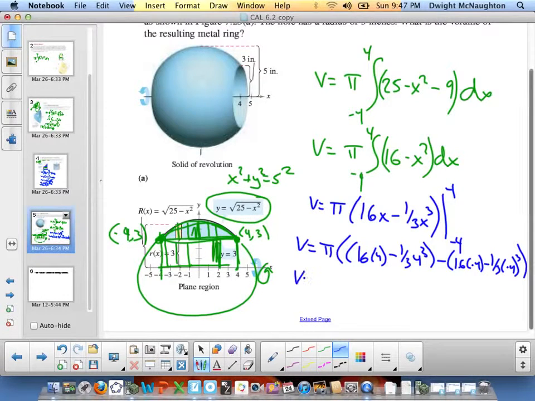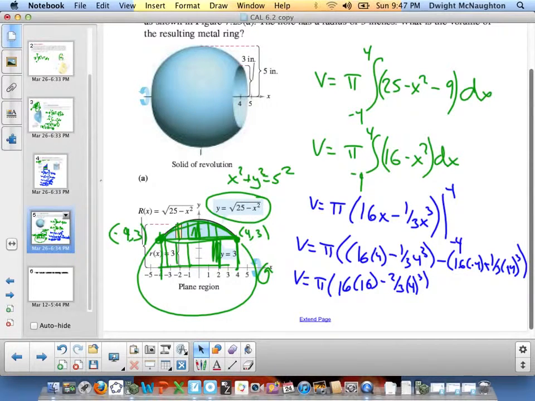Okay, as we clean this one up, it'll be pi, 16 times 4 minus 16 times -4 would be like 16 times 4 twice, so that'd be 16 times 16. And then we'll have negative 1/3 times 4 cubed. This will actually end up being plus minus that. So again, it'll be like minus 2/3 for the third. And I'm going to stop there with that one.